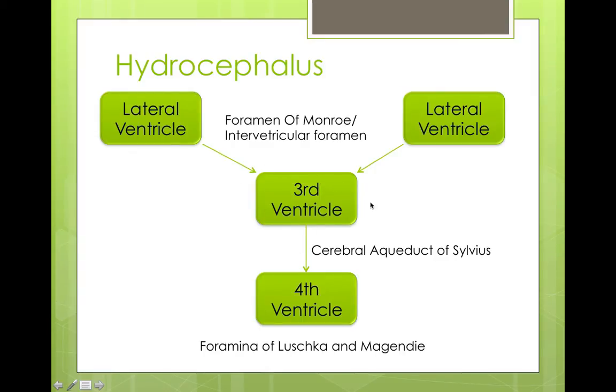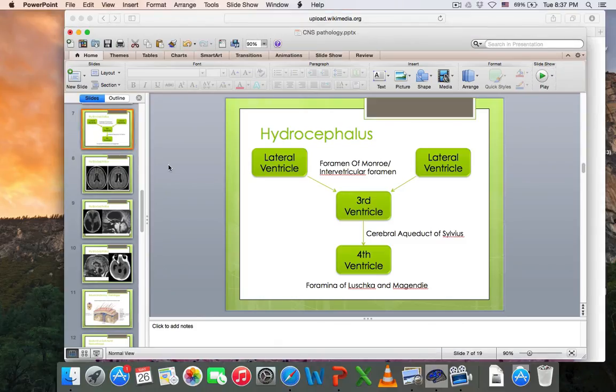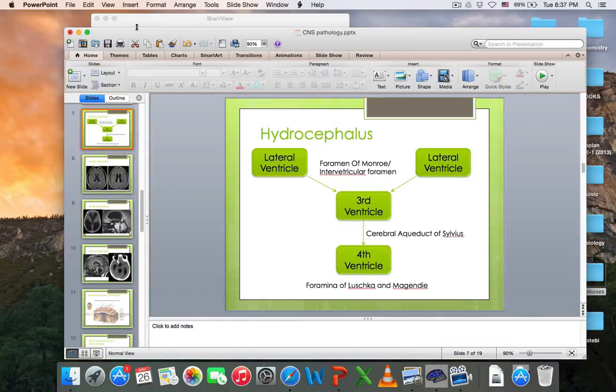We also generate the CSF, cerebrospinal fluid, in the 3rd ventricle. Then all of that fluid goes into the 4th. We also generate it in the 4th, and from the 4th, all of the fluid goes to the subarachnoid space, and so on.